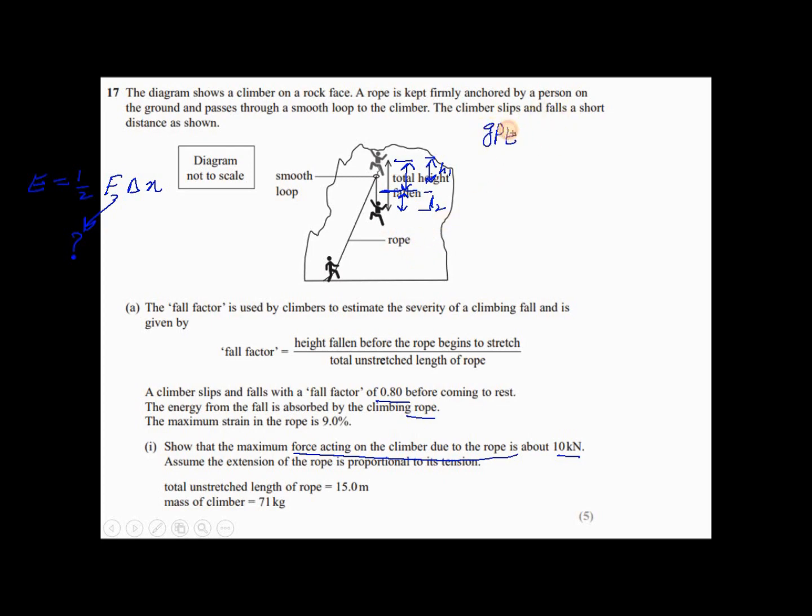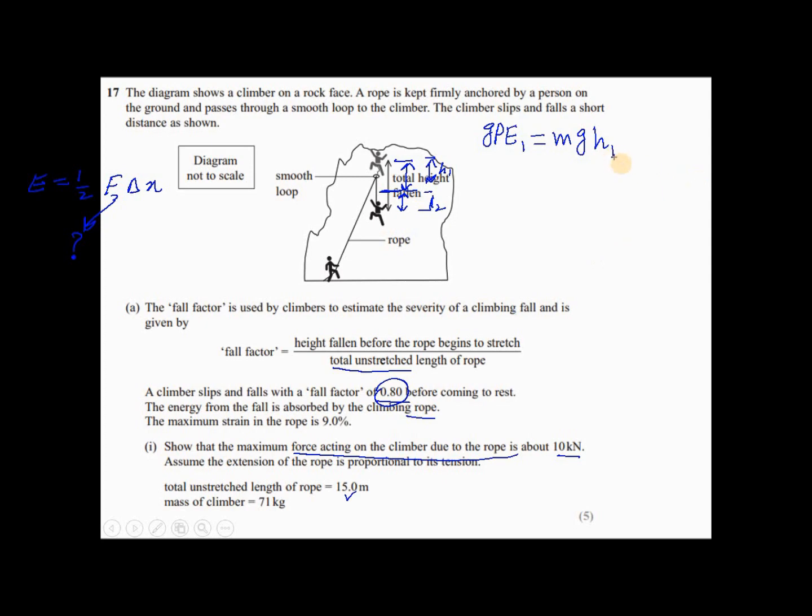So clearly, I'm calling it GPE1, when the climber is falling and keeps falling until the rope starts to stretch. So GPE1 is equal to mgH1. We don't have H1, but we are given the fall factor and the total unstretched length, so we can figure out how much height before the rope begins to stretch.